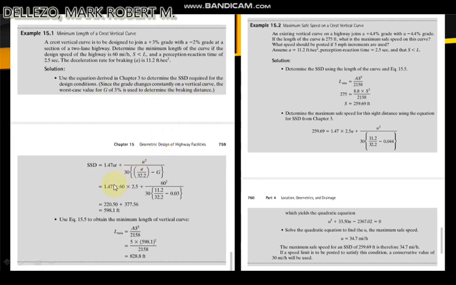The SSD is 1.47 times V times t, plus V squared over 30 times the quantity a over 32.2 minus G. Substituting all the values, the answer is 598.1 feet.